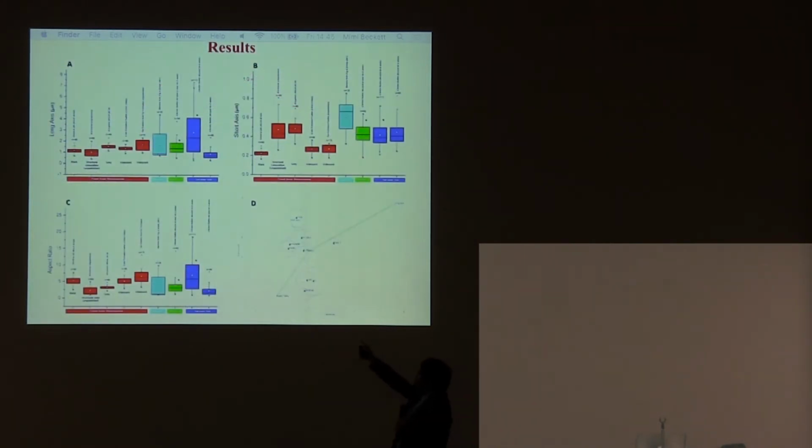Now this shows you the long axis, the short axis, and the aspect ratio profile. In red, we have the fossil avian melanosomes, and at first glance you can see that the morphology is quite conserved. None of these have as large ranges as the bacterial samples.